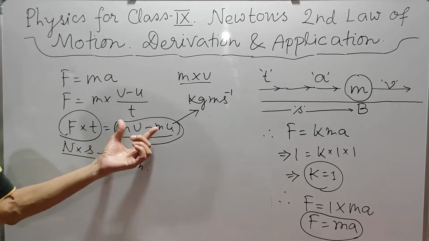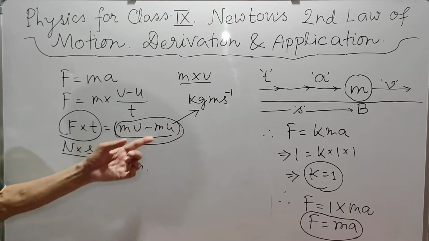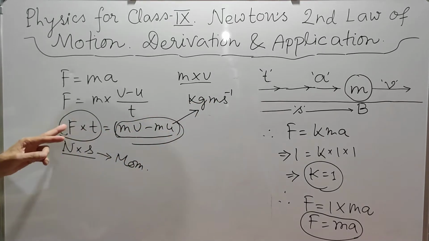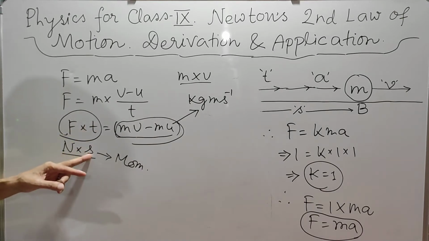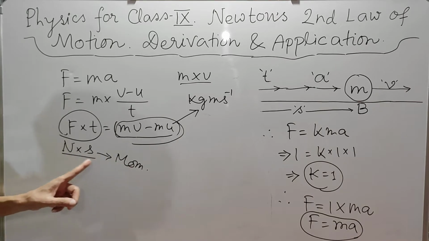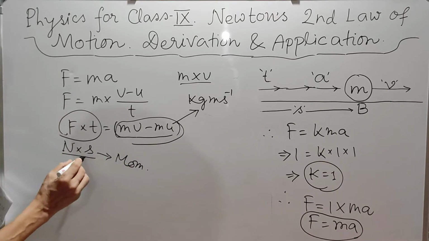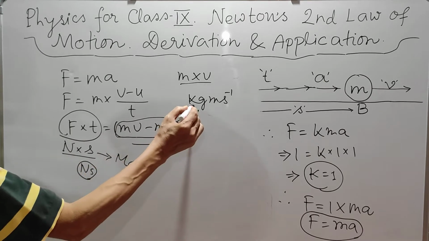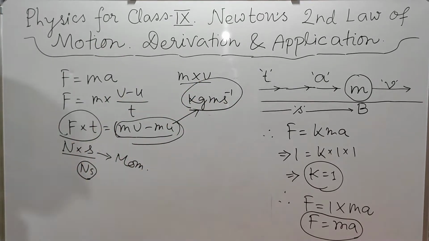Change in momentum is this one only, kg meter per second. Now this is equal to F t. Now F is Newton, t is second. So this is another SI unit of momentum: Newton second, N s. So N s is also the SI unit of momentum. Okay.